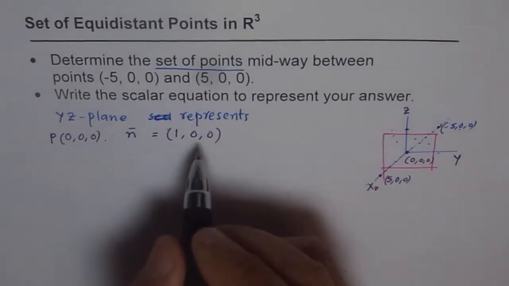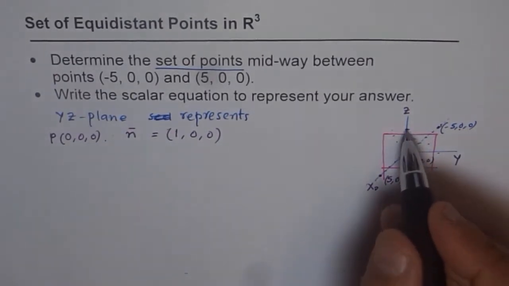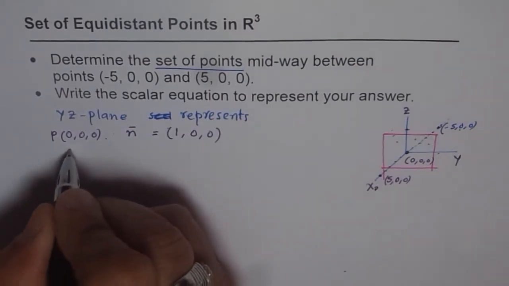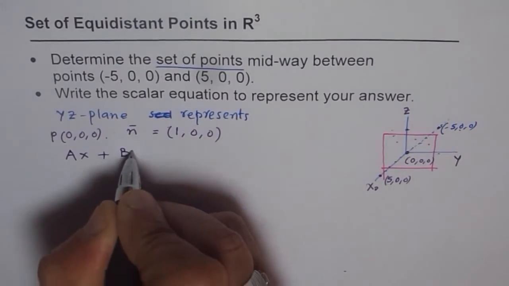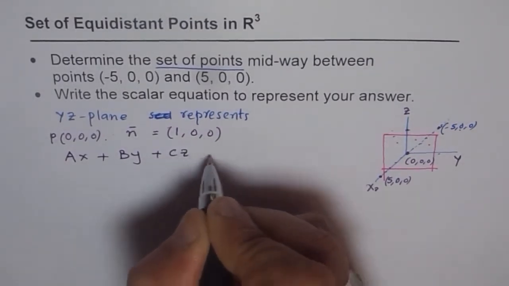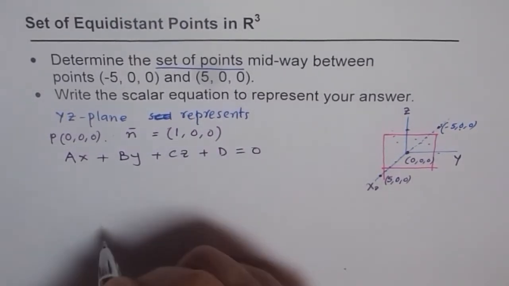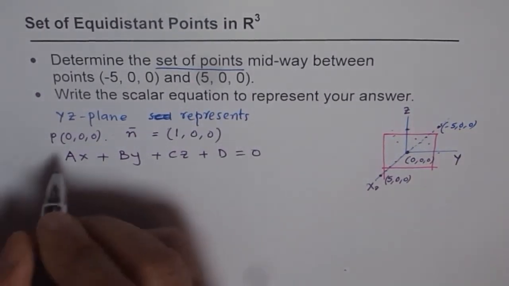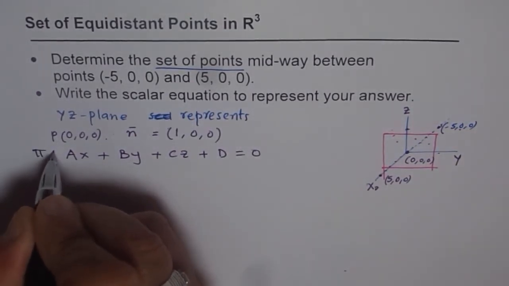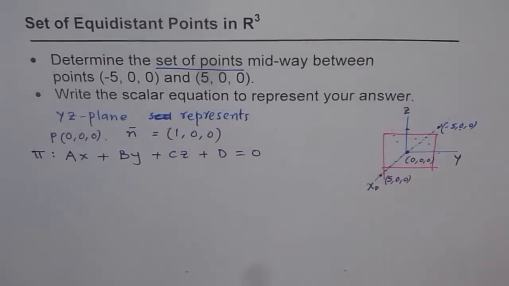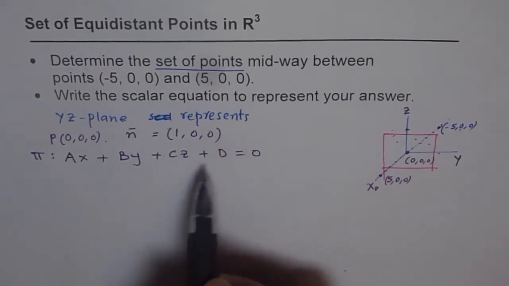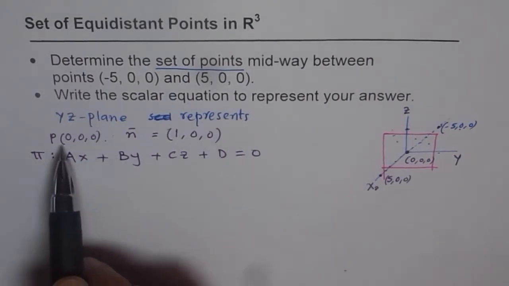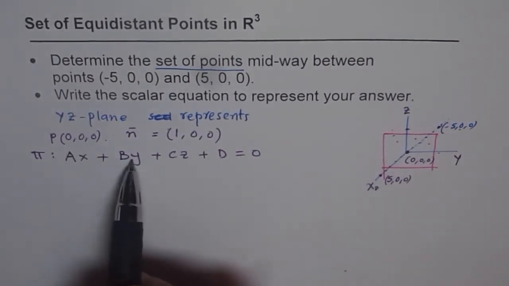Now since the x-axis is normal to the plane, we can write down the equation of the plane. The equation of the plane is given by ax + by + cz + d = 0. Let me call this plane pi, the YZ plane. Now to find the values of a, b, c, d in the equation of the plane, we know the point (0, 0, 0) lies on the plane.